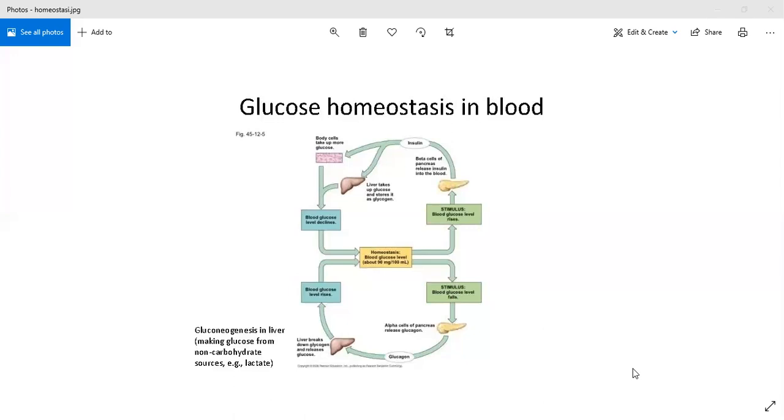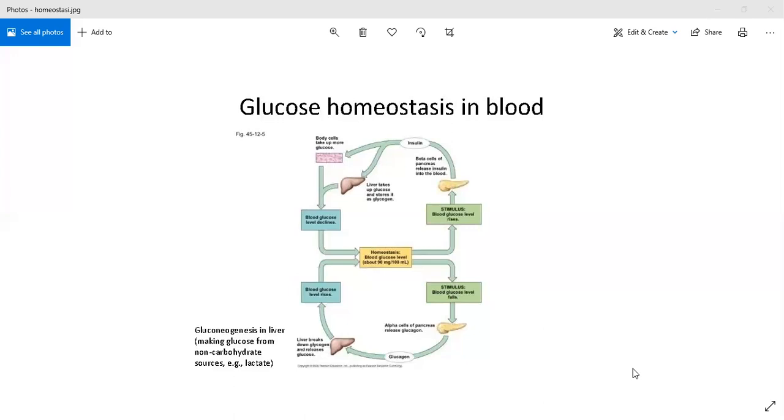What is the controller for water homeostasis? The controller is the brain. Then the receptors are found in the hypothalamus, the small receptors. Okay, good.